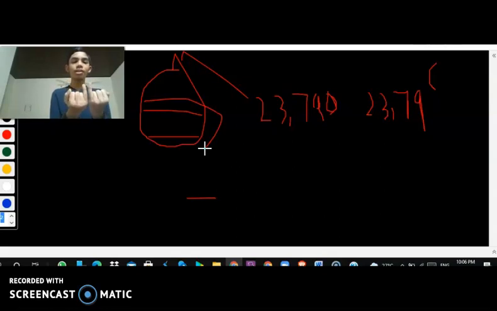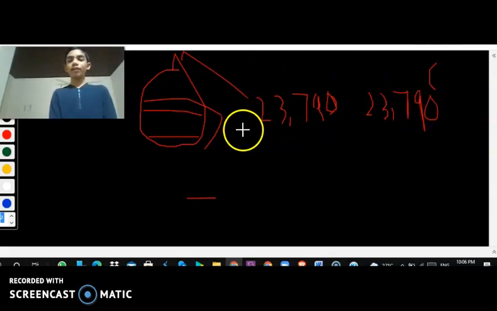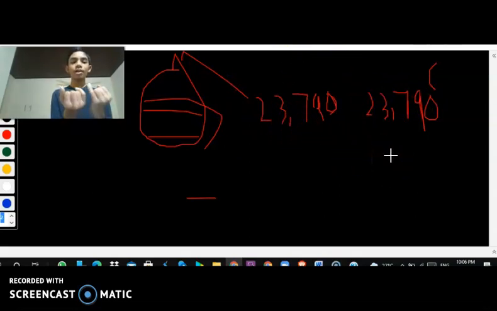We have to represent them as equal. So if I give 23,790 and 23,790, these numbers have no differences with each other. We have to remember these two fingers are no different, so this also has no difference, and we give it the equal sign.